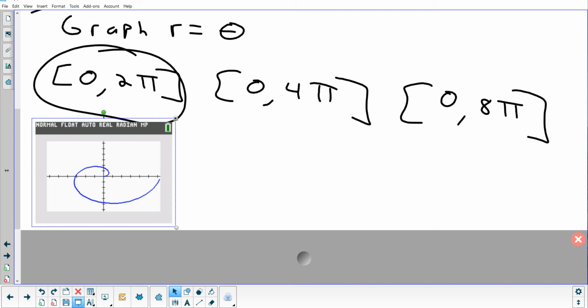It's going to look more of a spiral. Is it going to trace over itself? No. This graph never traces back over itself, like a cardioid or a circle or something like that would. This just spirals out further and further.